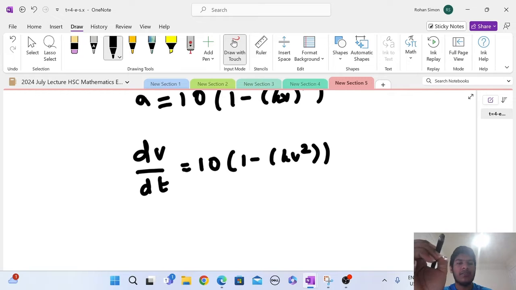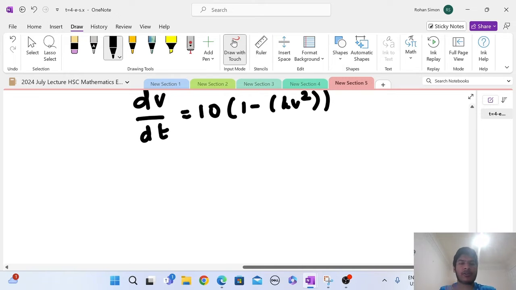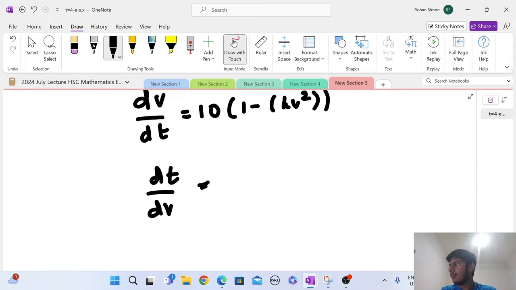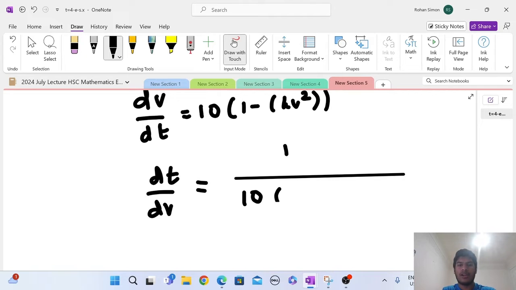And if we reciprocate it, we end up with dt/dv equals 1 over 10 times (1 - k^2 v^2).